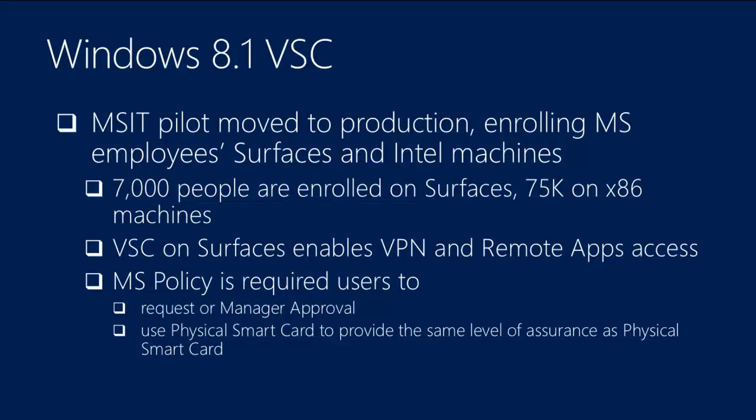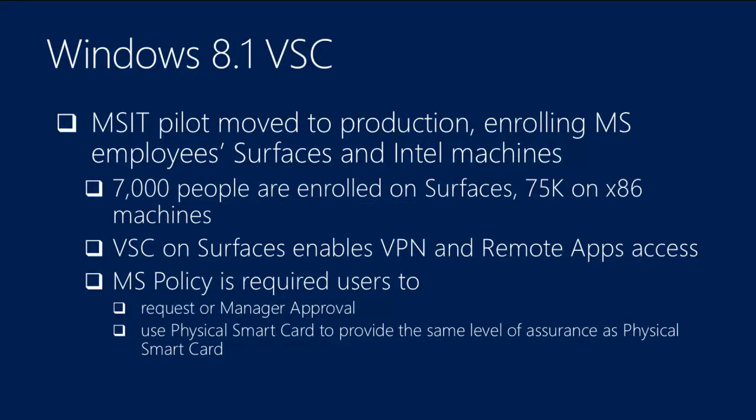So for Windows 8.1, as I said, a little bit of stats. Right now we have approximately 7K people enrolling monthly with Surfaces. We have 75K people across Microsoft using their own Intel devices. We enable or force virtual smart card presence for any VPN connection and remote app access from BYOD devices. It's our MSIT policy.